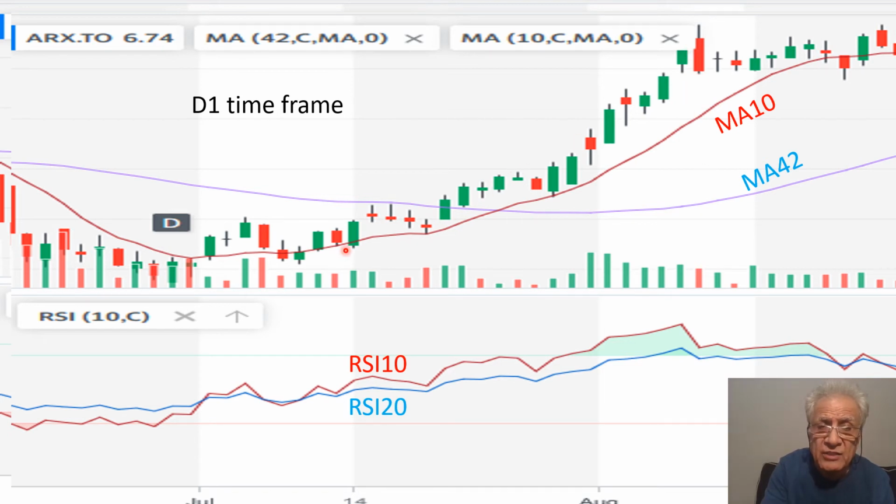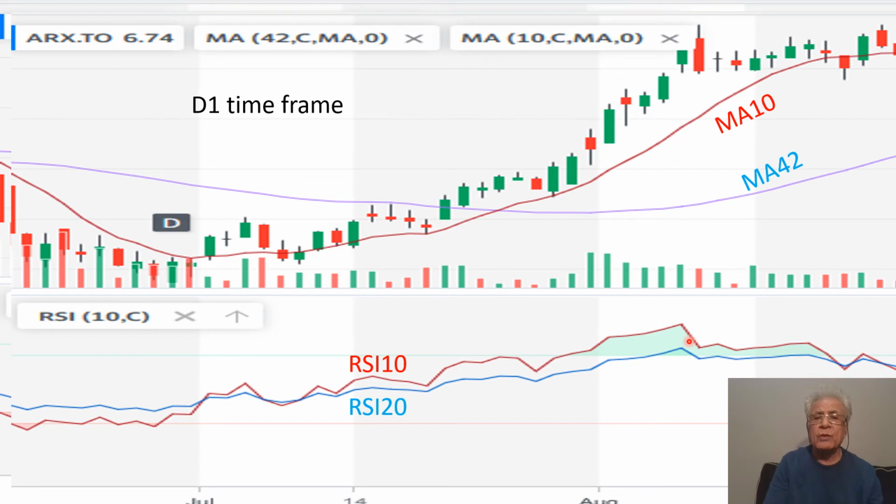You see the trend is upward. The trend is above EMA 10 and EMA 42. And it's also indicated in RSI: RSI 10 is the fast RSI, RSI 20 is the slow RSI. You see RSI 10 is all the time above RSI 20. That is a good indication of an upward trend.